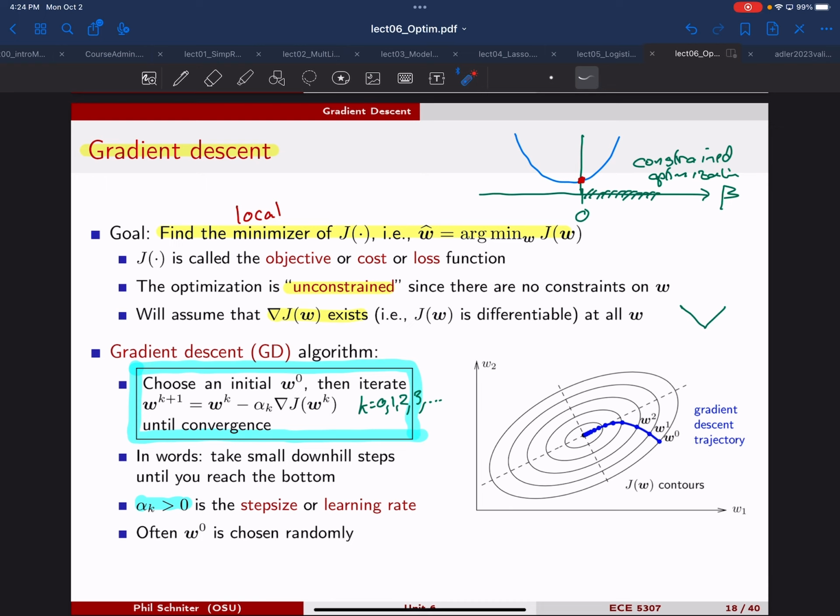Could you potentially add constraints to make it skip past a local minimum if you wanted to reach a global minimum? There's all sorts of tricks you can play. I don't know if I'd call them constraints, but there's definitely lots and lots of tricks, and non-convex optimization algorithms all have their own tricks. We'll talk about some of those tricks in Unit 8 or 9 when we get into deep learning.